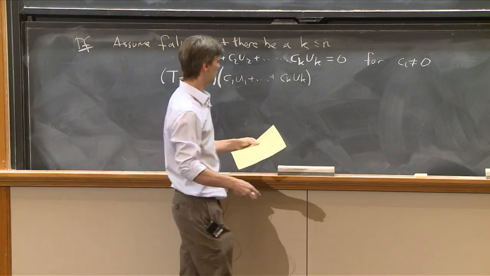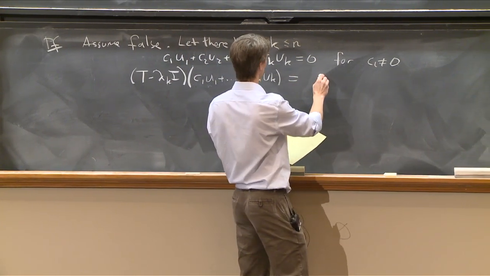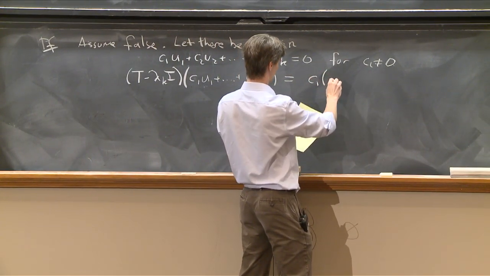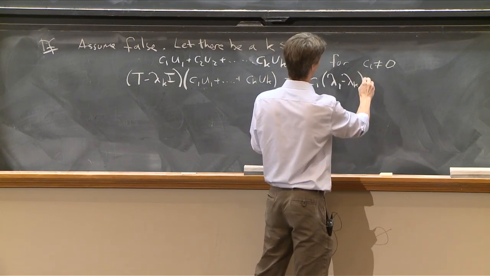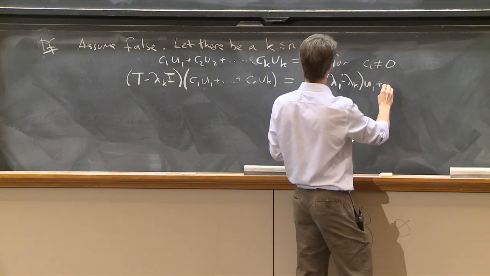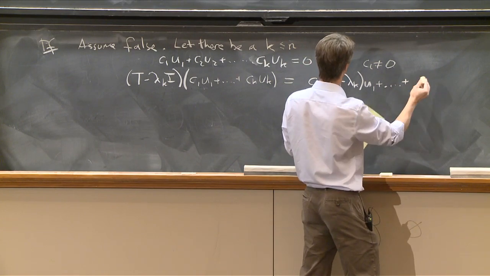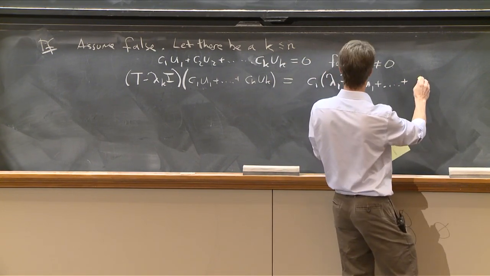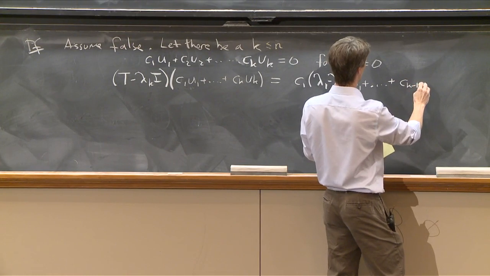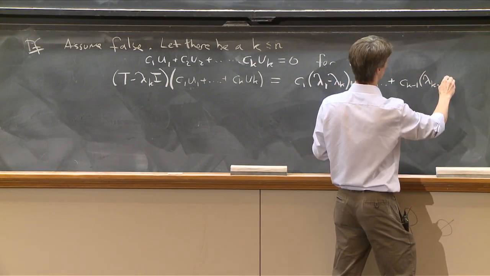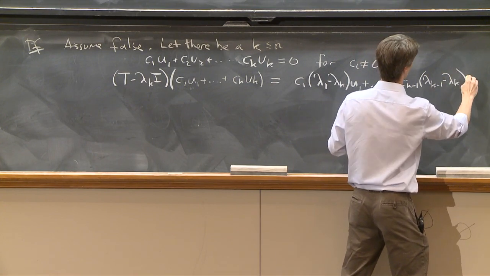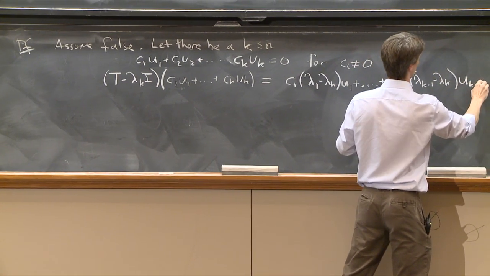So this will give us C1 (lambda 1 minus lambda k) U1 plus dot dot dots up to C k minus 1 (lambda k minus 1 minus lambda k) u k minus 1.